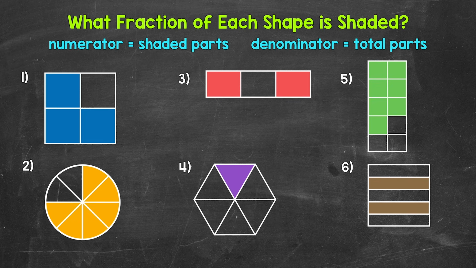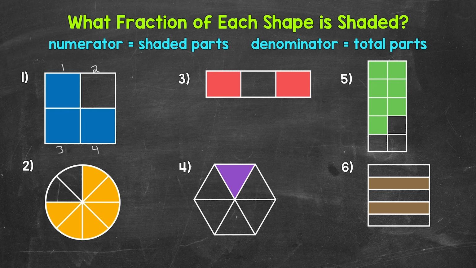In this section, we're going to write a fraction to represent the shaded part of each shape. Let's jump right into our examples, starting with number 1. So what fraction of this shape is shaded? Let's start with the bottom number of the fraction, the denominator. That's going to be the total number of equal parts a whole has been divided into. So how many equal parts has the whole square been divided into? 1, 2, 3, 4.